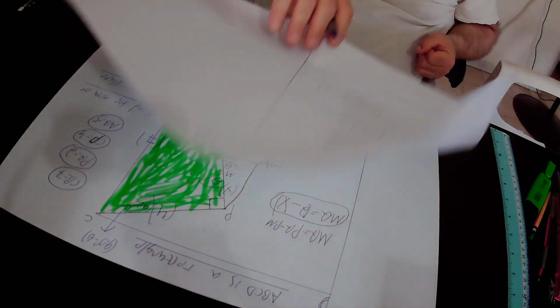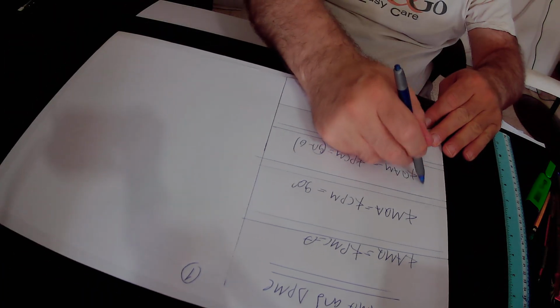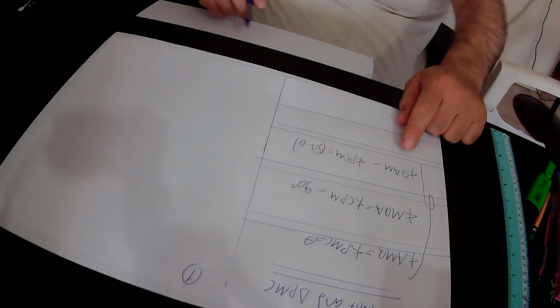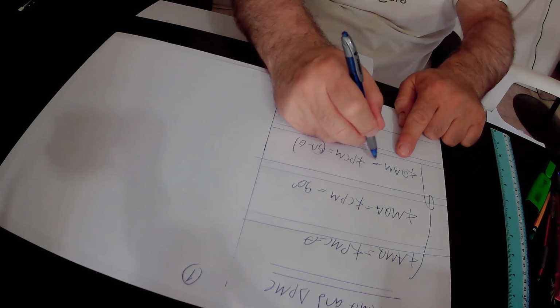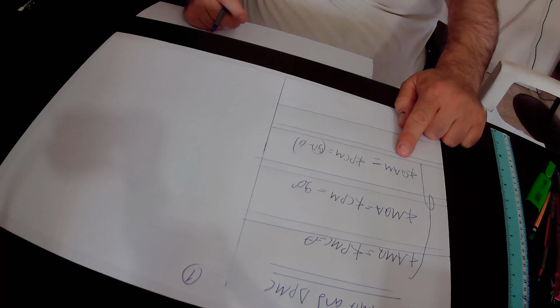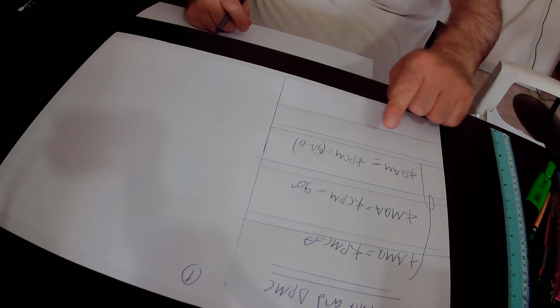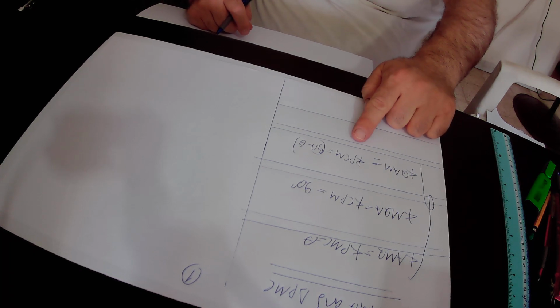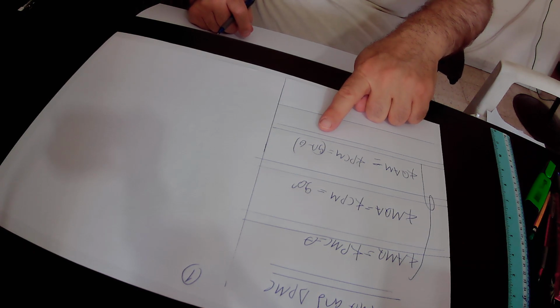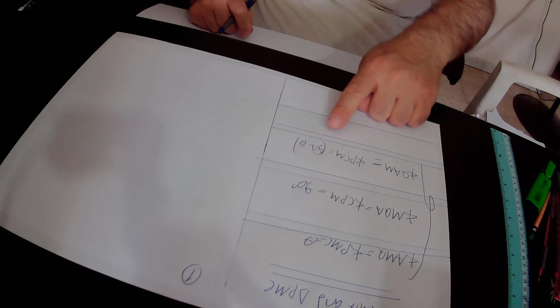Repeat again: angle QAM in the right triangle AMQ equals angle PCM in the right green triangle PMC. They are both equal to 90 degrees minus theta, therefore they are equal to each other.